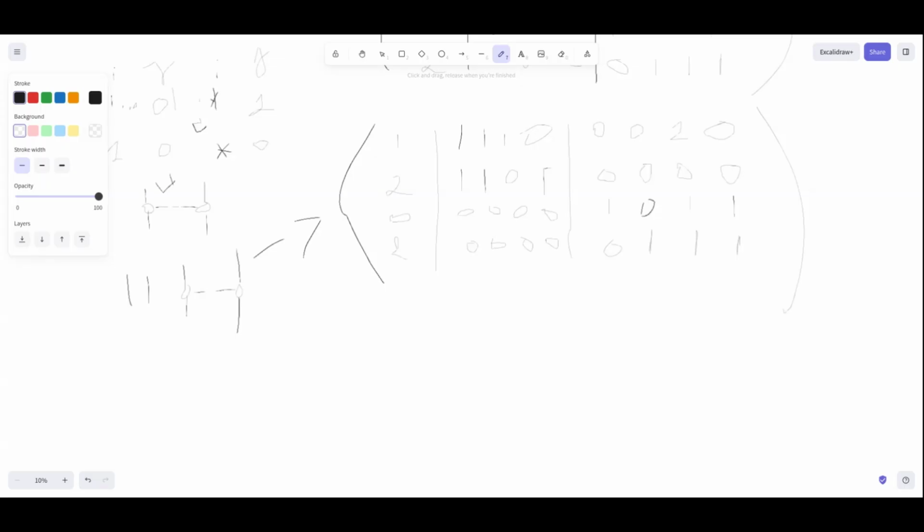Okay, what's next? I have this. And we should destroy this one. To destroy this one, there is a rule saying that you should have K11.